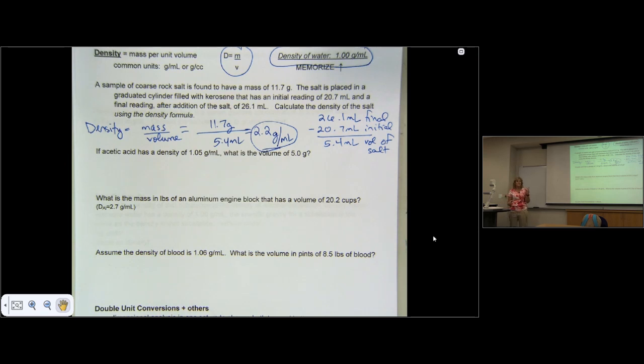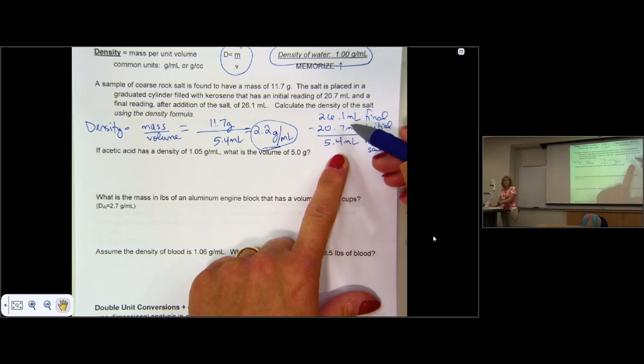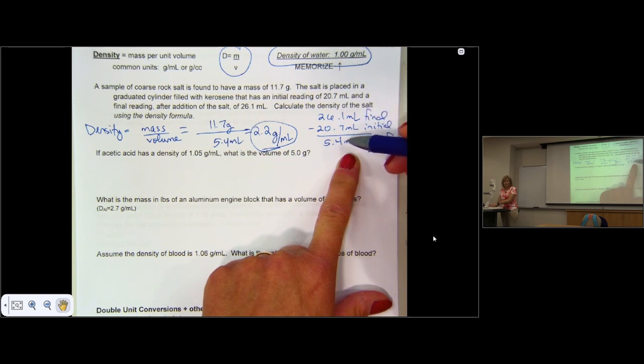Something I didn't talk about: I said use significant figures, but I didn't talk about the way to do significant figures, so let's go backwards. Is the rule for subtraction different than multiplication and division? Significant figures, is the rule different? Yes, the rule is different. I didn't even talk about it here, but it worked out well.